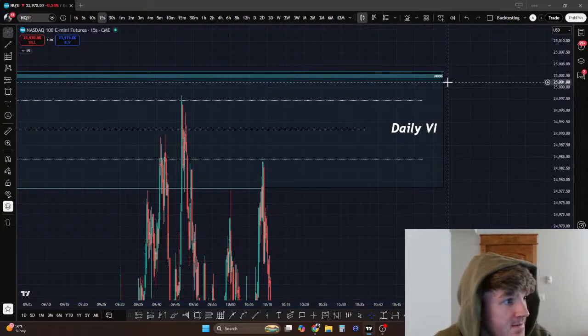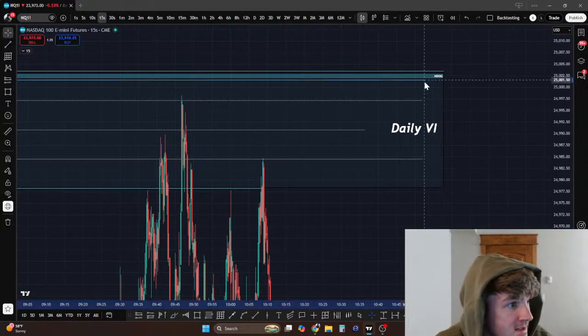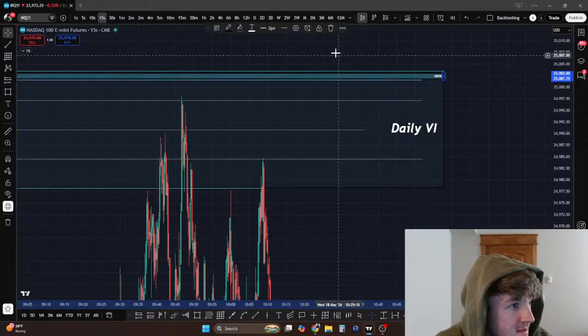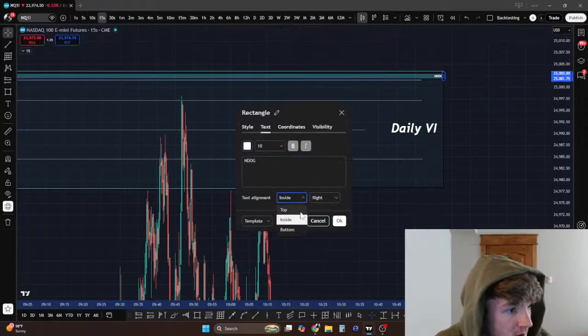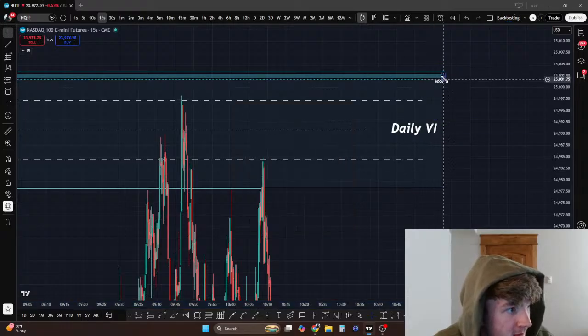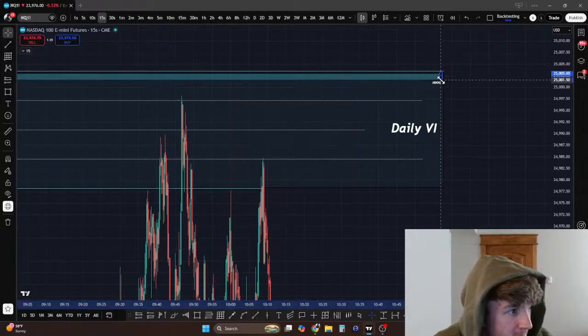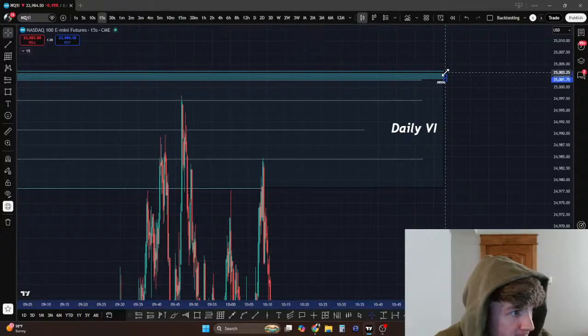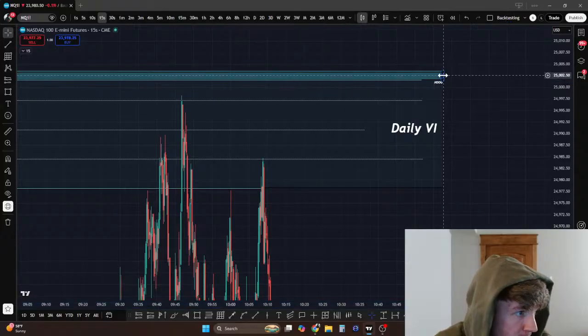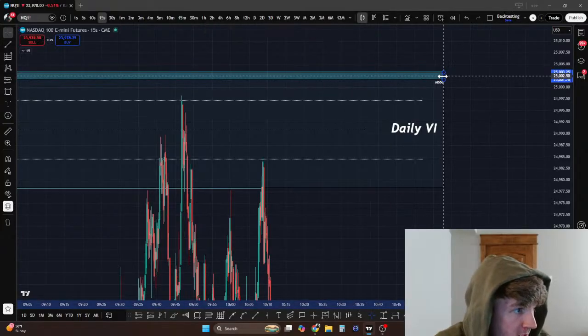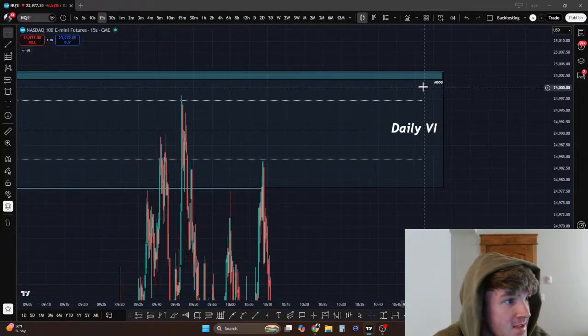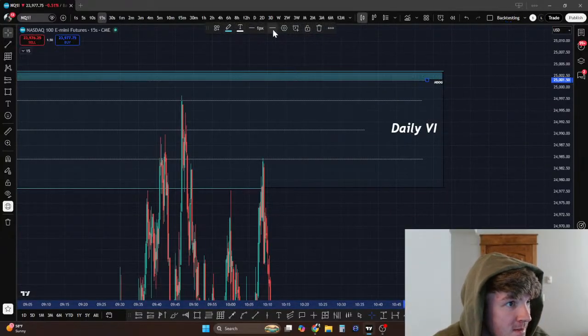The high of the end dog is the same as the high of the daily volume balance. It's like the end dog is a piece, just a little piece of the daily volume balance.